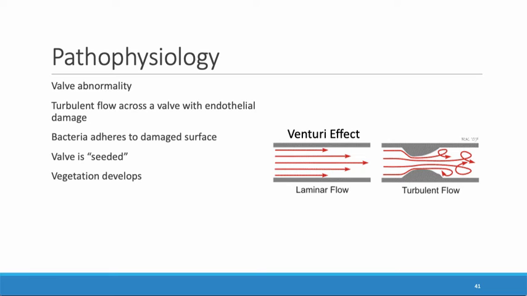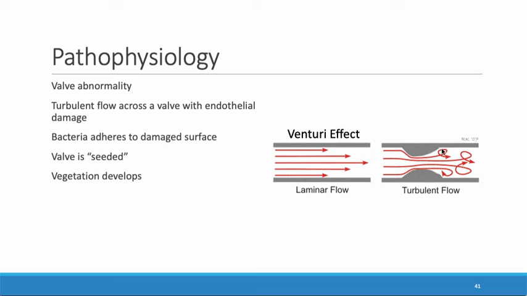But if you have some lesions or bumps or any abnormality of valve function, that can cause this turbulent blood flow. And you get this eddy of blood that just keeps hitting the valve apparatus with infection, right? With bacteria.